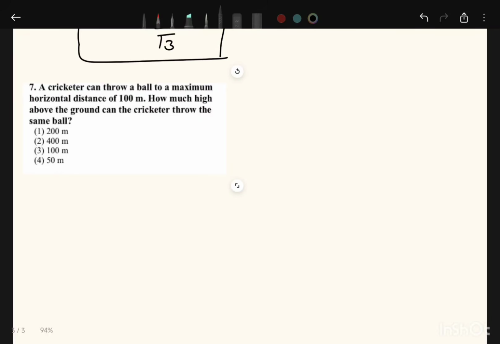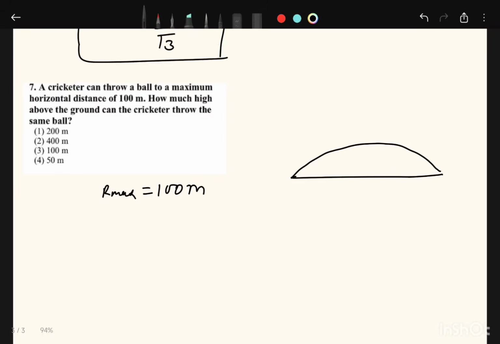He's asking how much high above the ground can the cricketer throw the same ball. So you are given the maximum horizontal range, that is 100 meter, right? And you have to find out how much high above the ground the cricketer can throw the same ball. So we have to find out the maximum height that this ball will achieve.